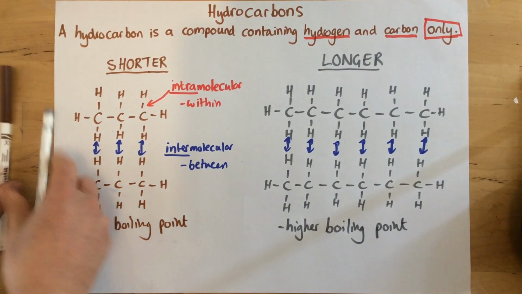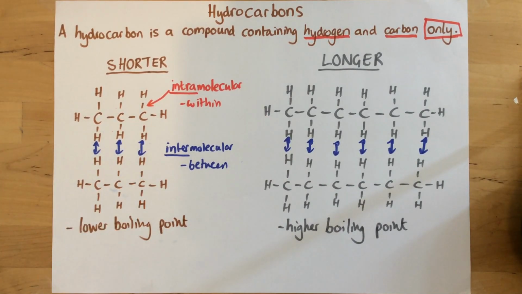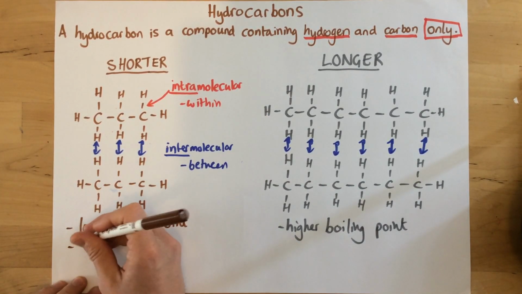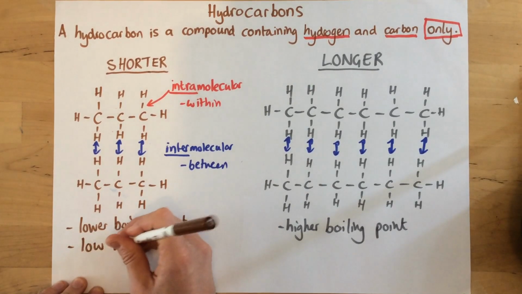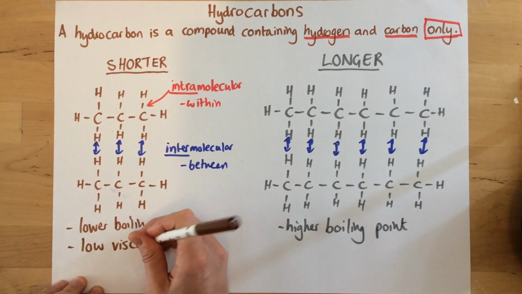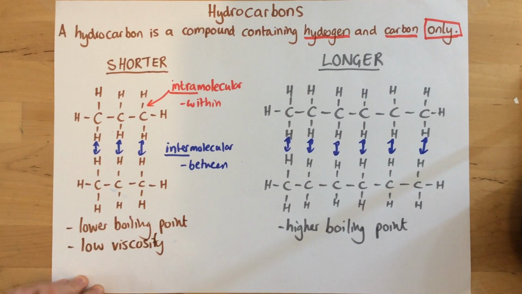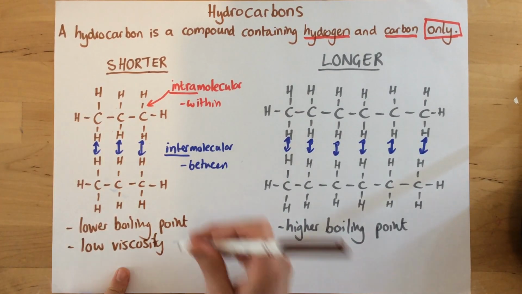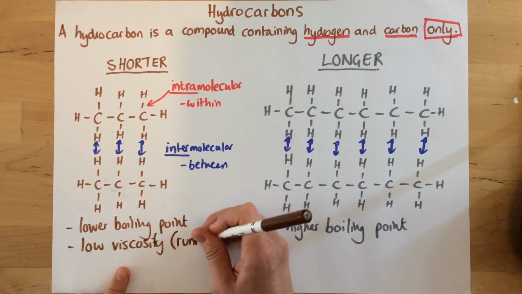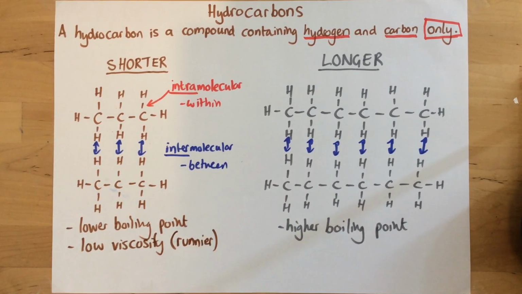Next up, we need to know about this thing called viscosity. What viscosity means is how runny or how thick a substance is. So the shorter the chain length, the lower the viscosity, i.e. it will be much runnier.